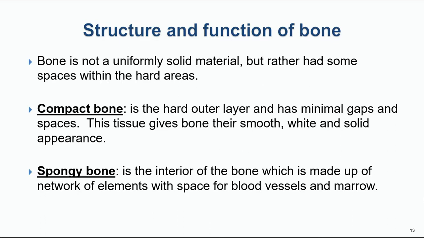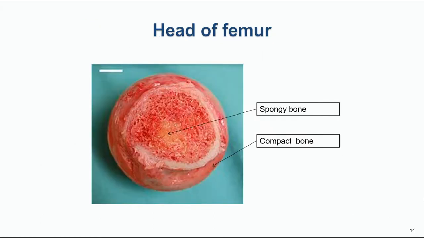There are some more gaps where you find blood vessels and also where you find that bone marrow. So if we look at the femur as an example, here you can see around the outside that compact bone, much more rigid, much stronger, and inside you have your spongy component.